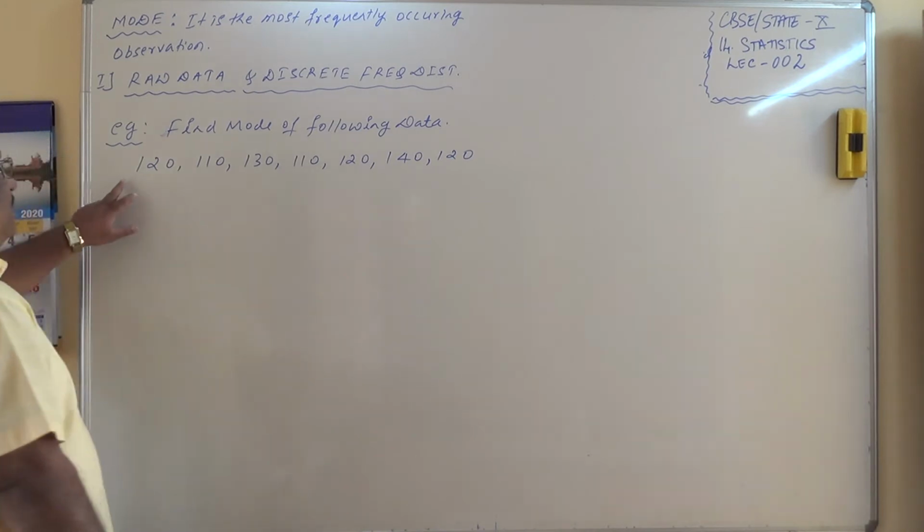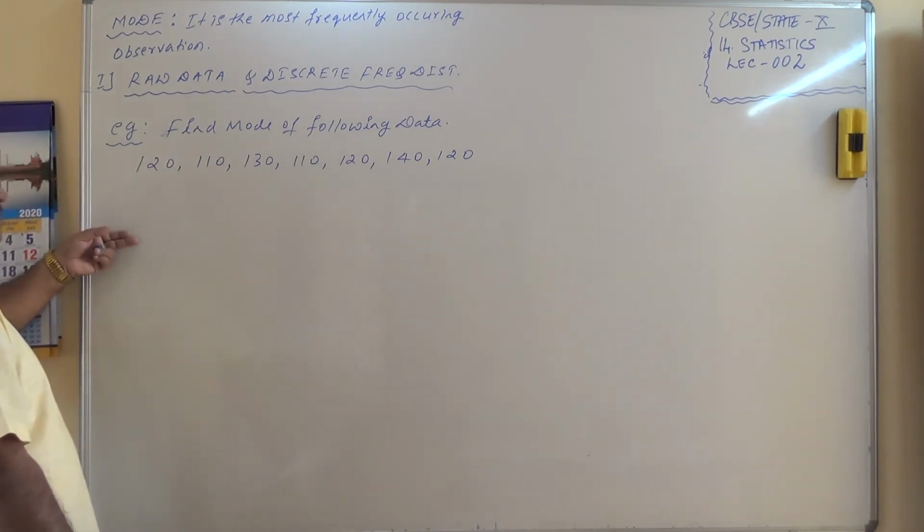So what you can do here is note down these xi as observations and how many times each has repeated, its frequency.